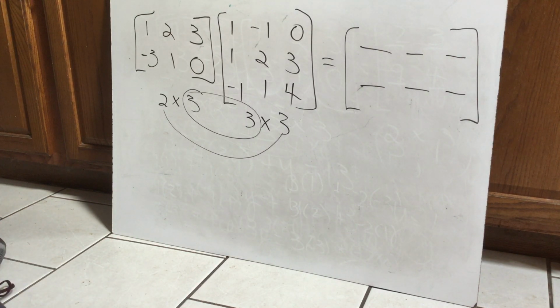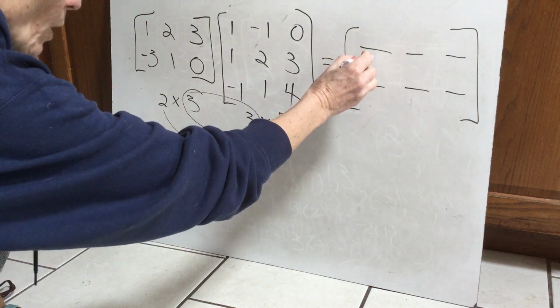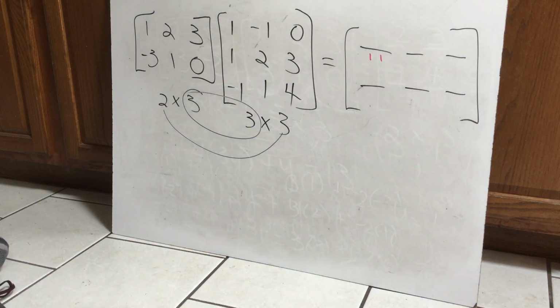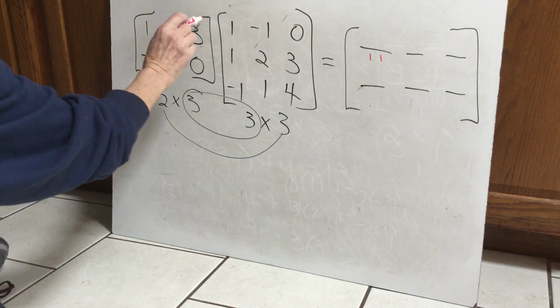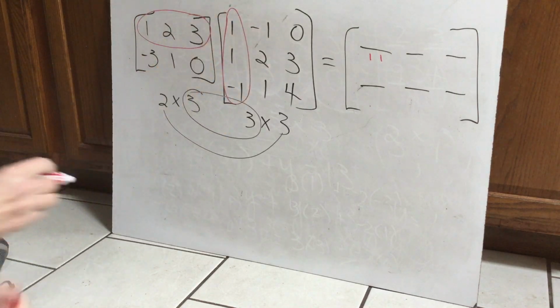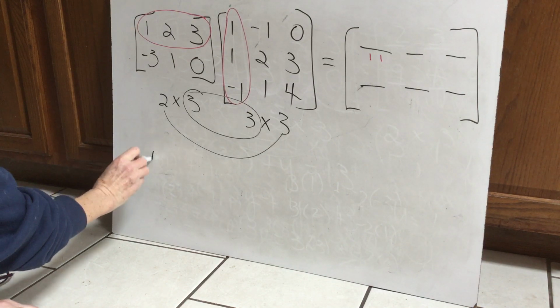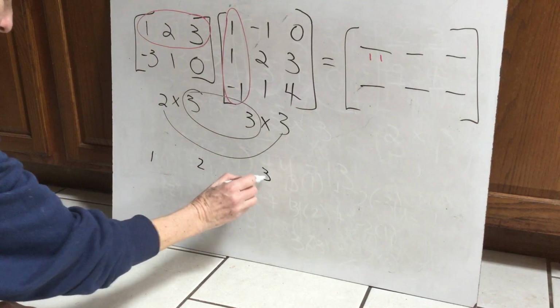All right, so here we go. We're going to start multiplying. We're going to fill this spot right here, which is the 1, 1 spot, first row, first column. So we're going to multiply the first row times the first column. Now, don't panic. There are more numbers than usual, but this is not a big deal. Write down every number in the first row: 1, 2, 3.